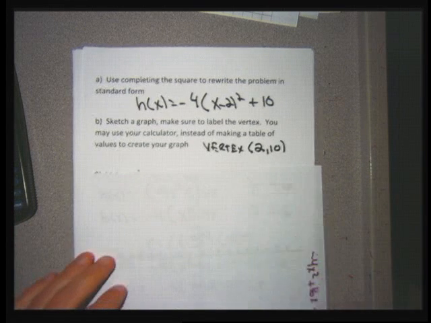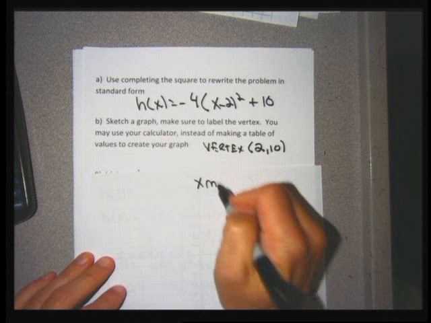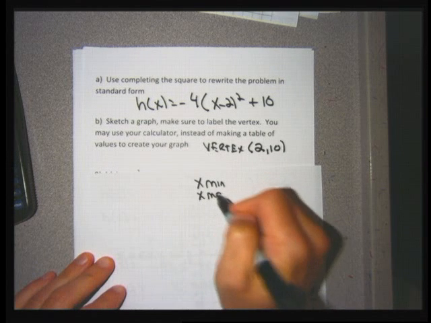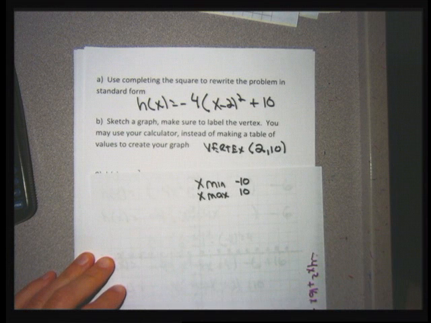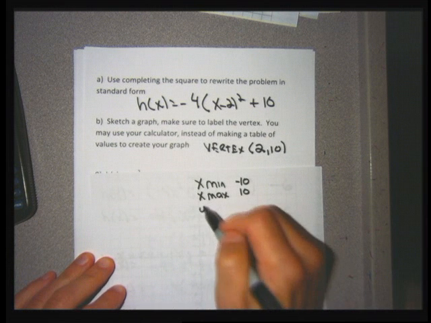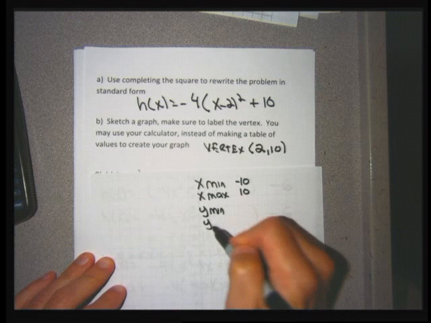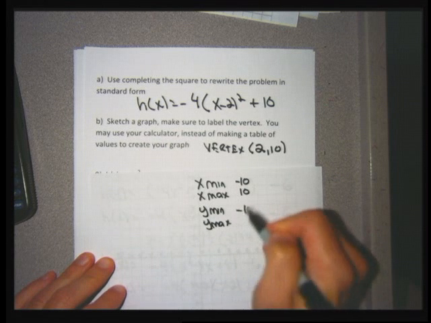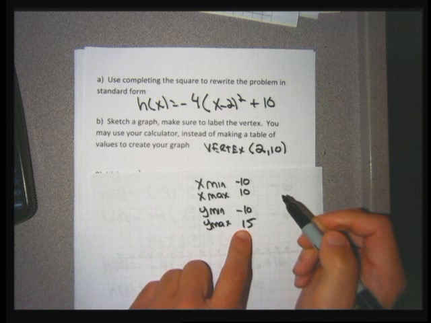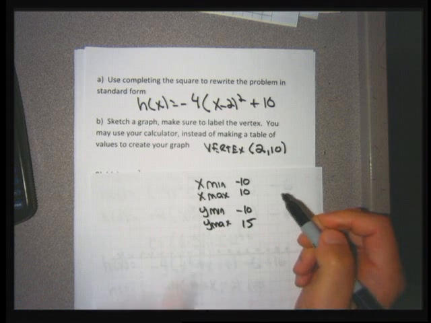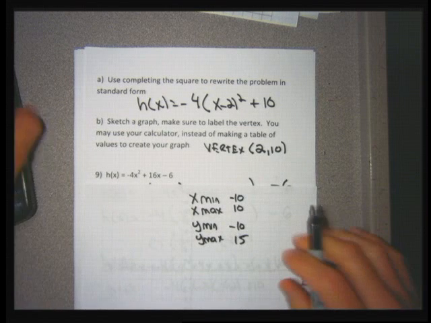When I set my window up for this, because the x coordinate of the vertex is at 2, the negative 10 to 10 window is going to be fine. But the y coordinate of the vertex being at 10, I should probably bump the y max up so I can see that 10 better. I'm going to change my y max to 15. And I'm going to graph both functions to make sure I haven't messed up.